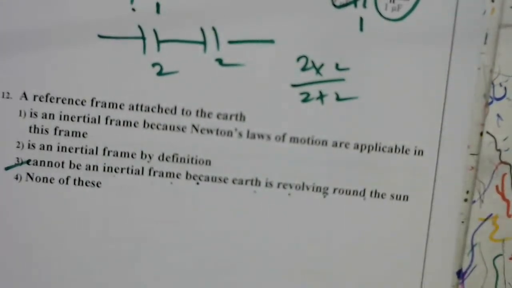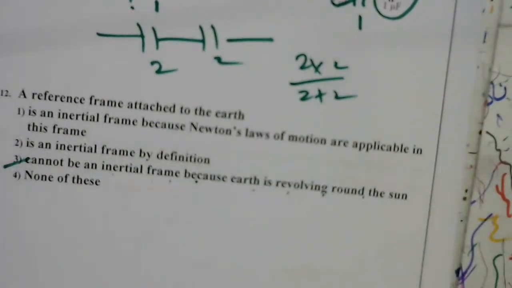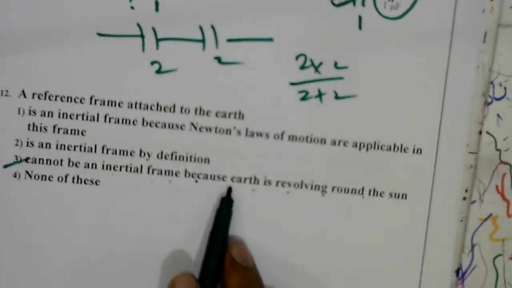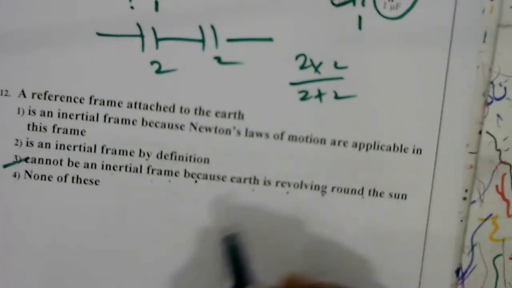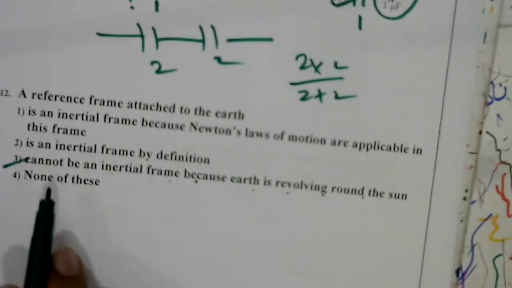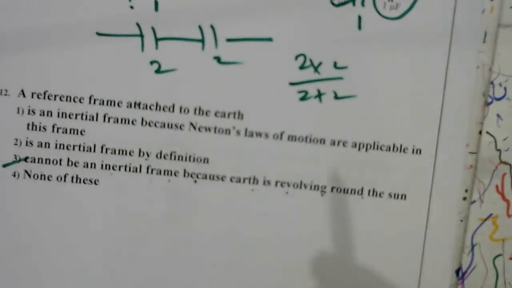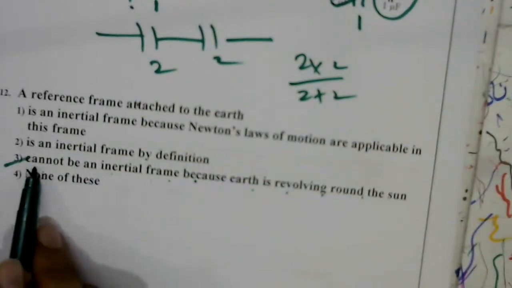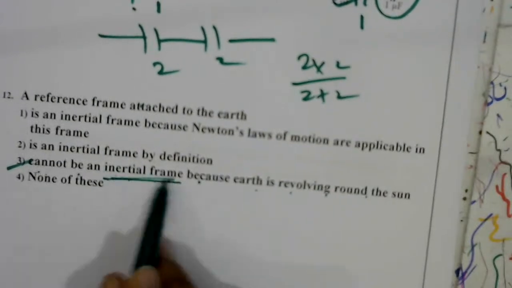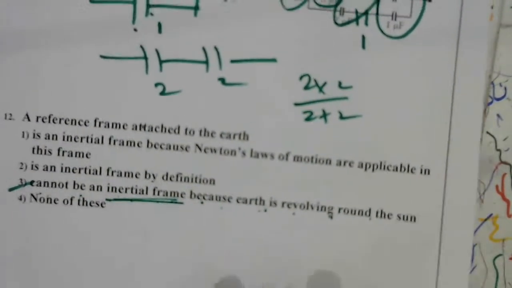Inertial frame means we have to observe from a fixed point to observe any other motions. That's why if you are in the same frame of reference, we cannot observe other planets. So it cannot be an inertial frame of reference because earth is revolving around the sun.